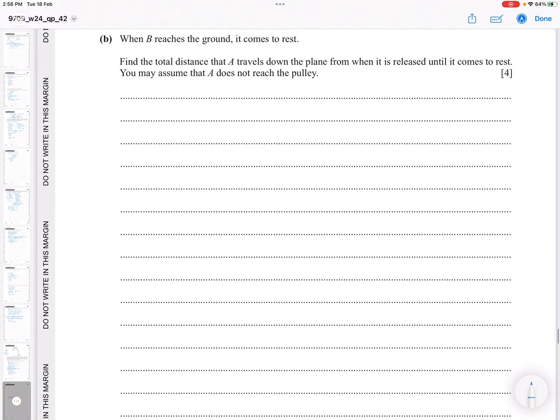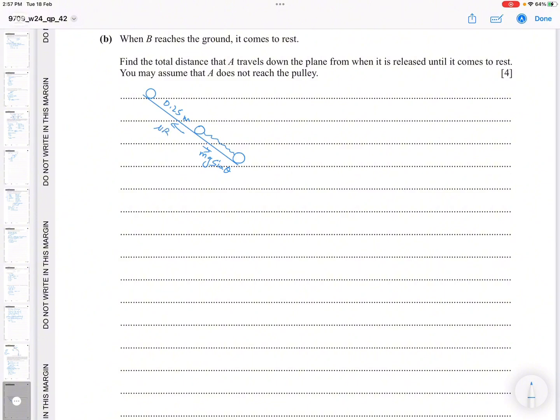So if I make a simple diagram, this is our A. When it reaches here, the distance is 0.25 meters. So the pulley slacks. So this way is mg sine theta, and this way is mu R, resistance.